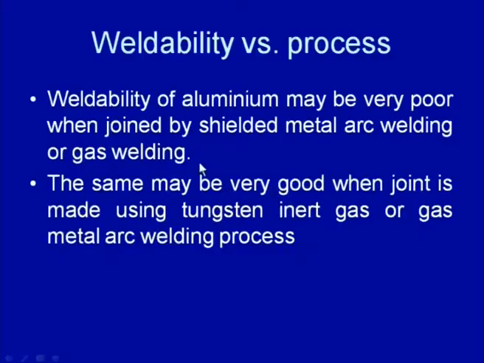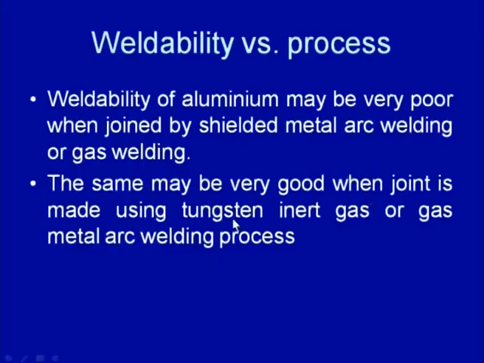The presence of aluminum oxide imposes difficulty in melting of the aluminum. At the same time, if it is present in the weld, it will act as an inclusion. This is one of the reasons why it is found difficult to weld aluminum by the SMAW process or gas welding.